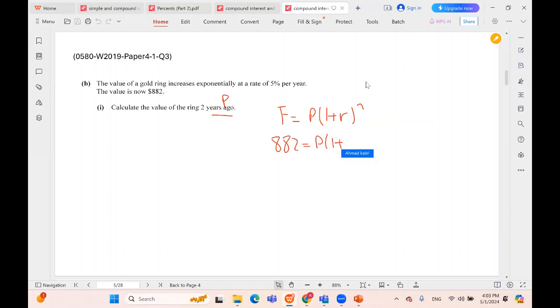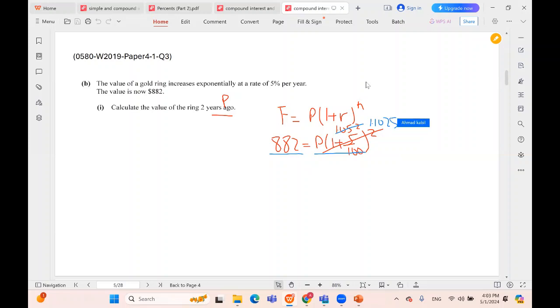1 plus R. R is 5 over 100 to the power of 2. So again, this here is 1.05 to the power of 2. And we can divide both sides by this number. So 1.05 power 2 is 1.1025.